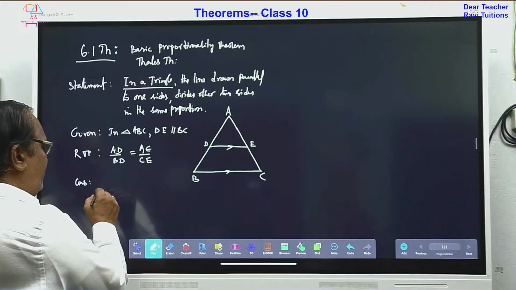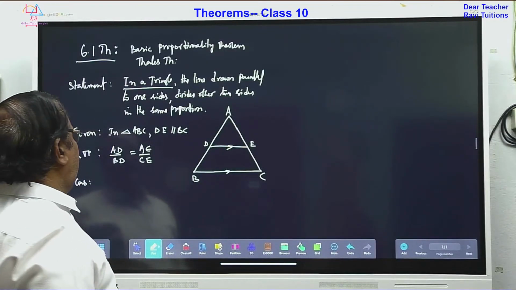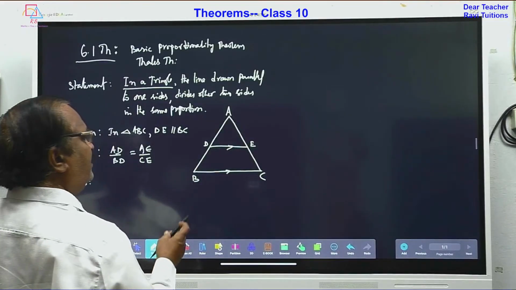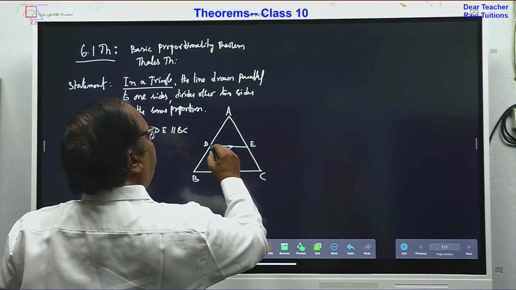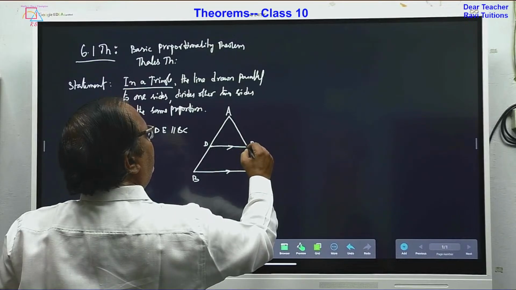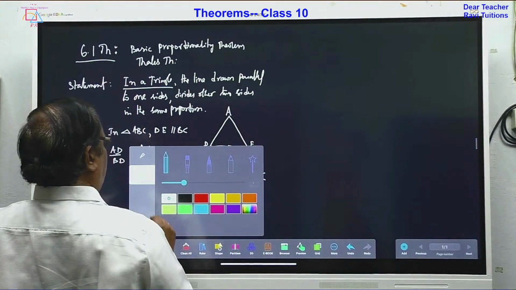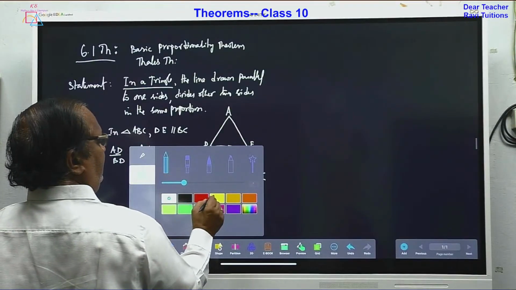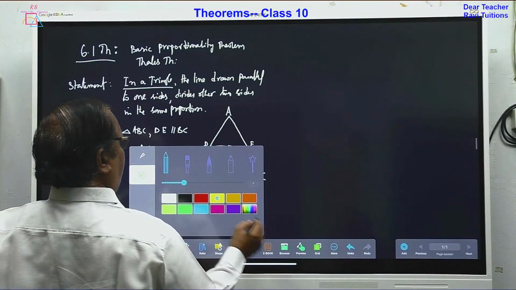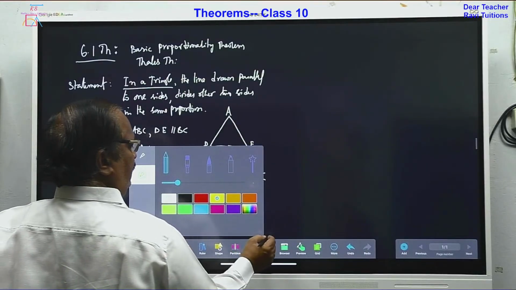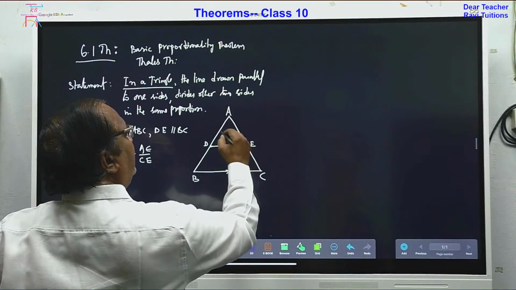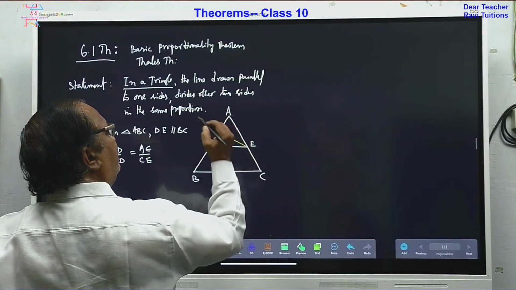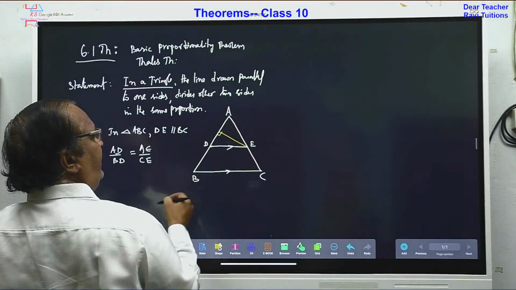Now for this we need to take the construction. I will write the construction slowly. Let us draw a perpendicular from E to AD.